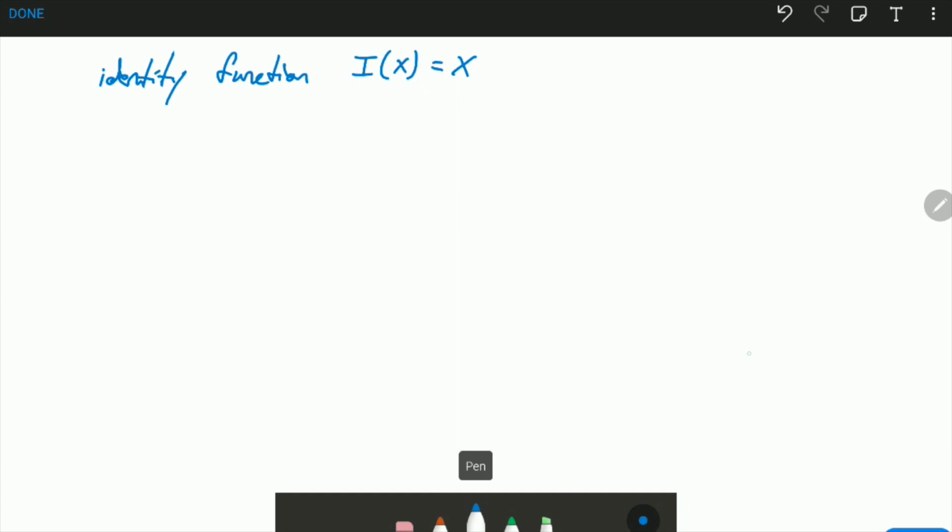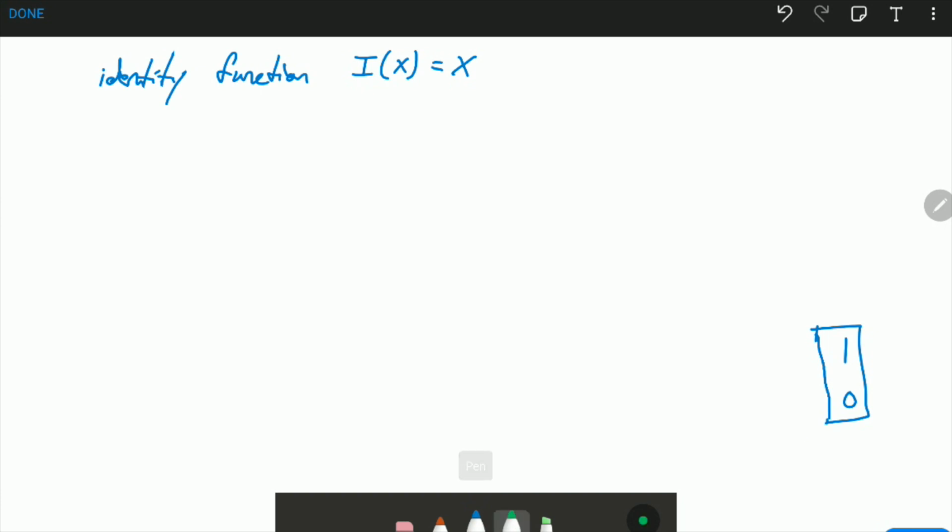This is similar for the multiplicative identity, 1, because if you multiply by 1, it doesn't change anything. And if you add 0, 0 is the additive identity. So these are identities for basic math. 1 is the multiplicative, while 0 is the additive.